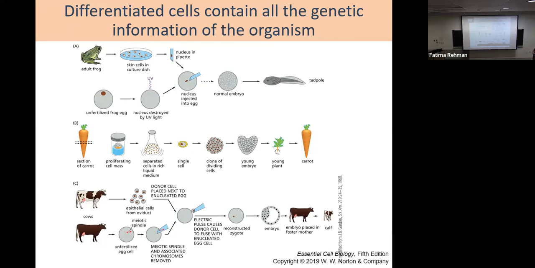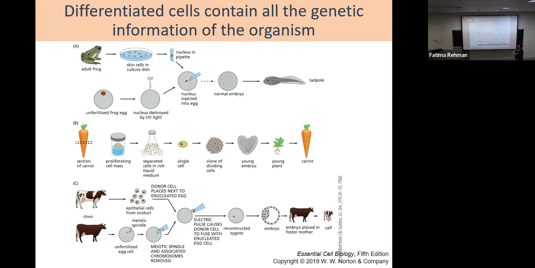In this particular case, they took adult frogs, they took the skin cells from that frog, and they went ahead and took just the nucleus from that adult frog cell, and they added it into an unfertilized frog egg where its own nucleus was destroyed by UV radiation. So they destroyed the egg's own genome, and they took this adult frog genome in the form of its nucleus and injected it into the egg.